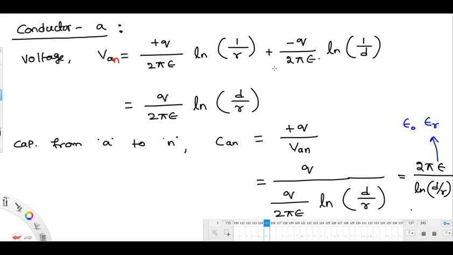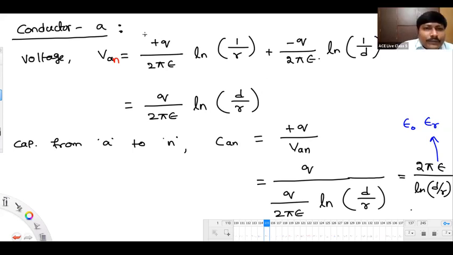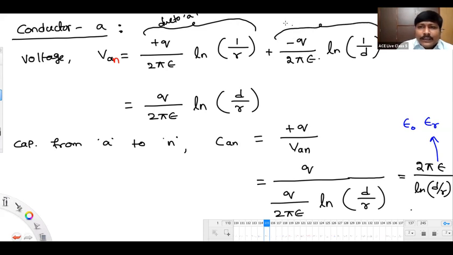Sir, actually I have not got this equation. This is due to its own conductor, and this is due to conductor B, besides this. Now tell me what's your doubt.